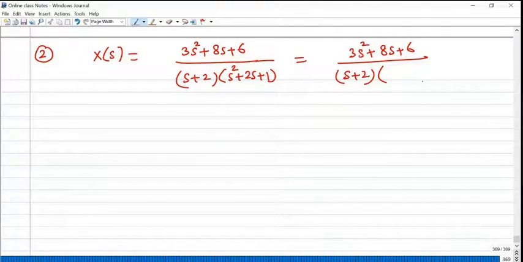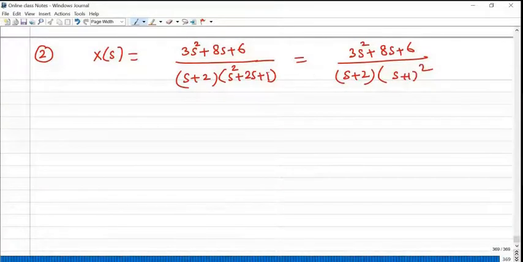So how can you write this? The (a + b) whole square formula: a² + b² + 2ab. So can we write (s + 1) whole square? s² + 1² + 2ab, which is 2s. Okay, so if you factorize, you will get (s + 1) whole square.